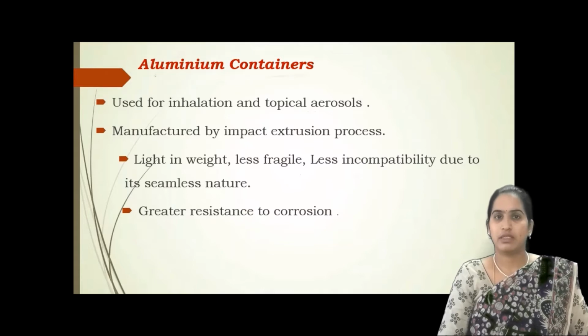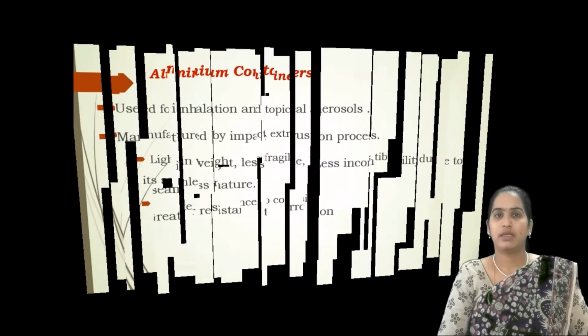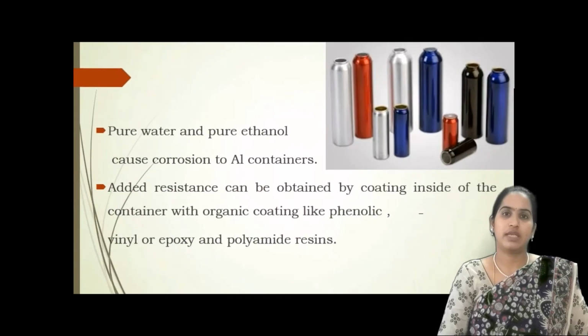These aluminium containers are prepared by the impact extrusion process, but the disadvantage is that with pure water and pure ethanol, there may be a chance of corrosion of the metal. That is, aluminium may react with water or pure ethanol, resulting in corrosion.